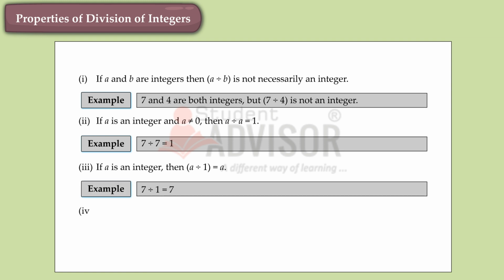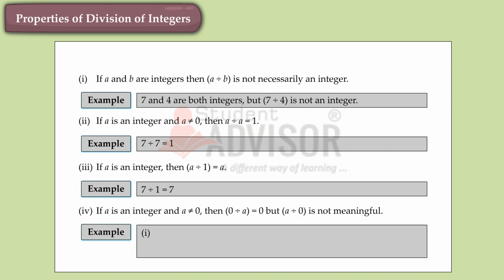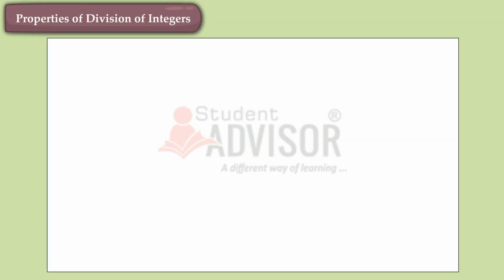If a is an integer and a is not equal to 0, then 0 divided by a is equal to 0, but a divided by 0 is not meaningful. Study the given example. Properties of division of integers.